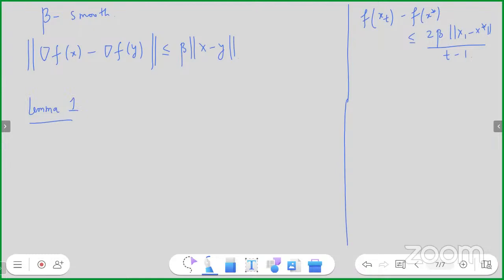When f is convex and beta smooth, what we showed in the unconstrained world, which happens to be true even in the constrained world, is that f of x minus f of y minus gradient of f of y transpose x minus y is less than or equal to beta by 2 times the norm of x minus y squared. This was shown in the class. And this is true even when x and y are constrained.